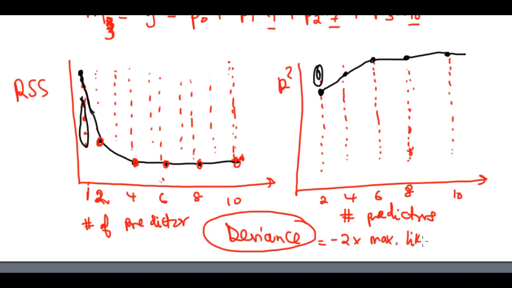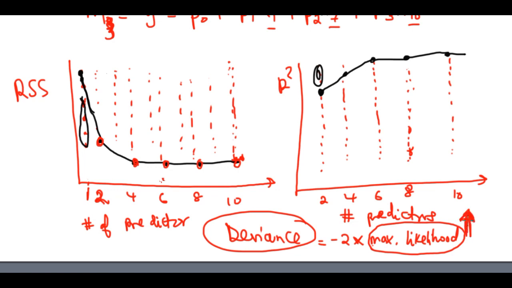I think we discussed maximum likelihood when we did logistic regression. So the lower the deviance, the better, because with maximum likelihood, which is what we usually use in logistic regression, we want this to be as high as possible.